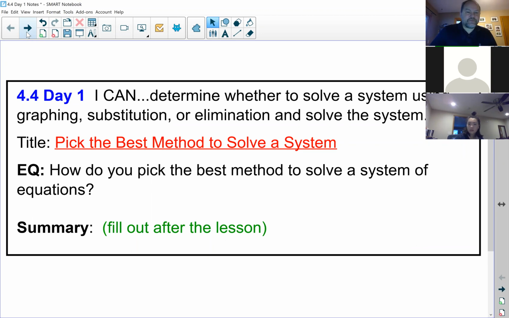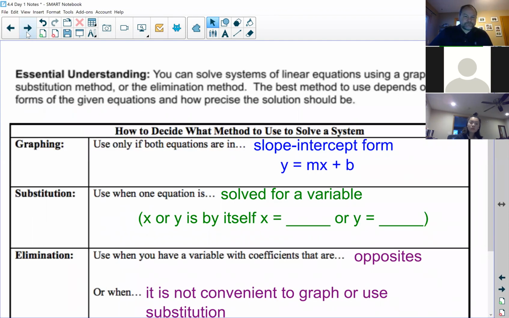You can solve systems of linear equations using a graph, the substitution method, or the elimination method. The best method depends on the forms of the given equations and how precise the solution should be.